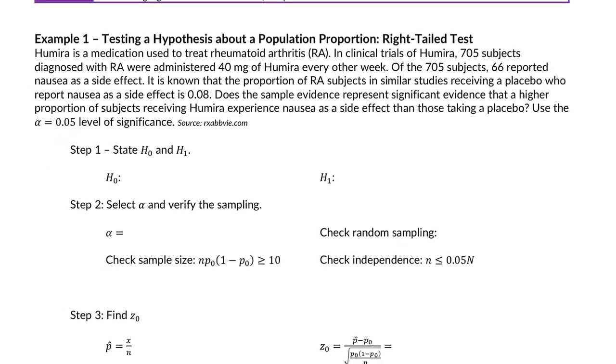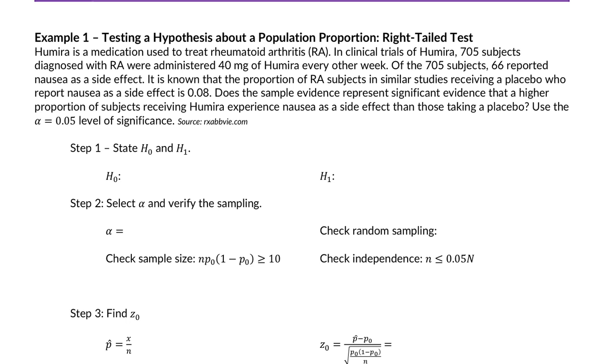So let's hop right into it. Let's see one of these things from start to finish. Humira is a medication used to treat rheumatoid arthritis. In clinical trials of Humira, 705 subjects diagnosed with rheumatoid arthritis were administered 40 milligrams of Humira every other week. Of the 705 subjects, 66 reported nausea as a side effect.